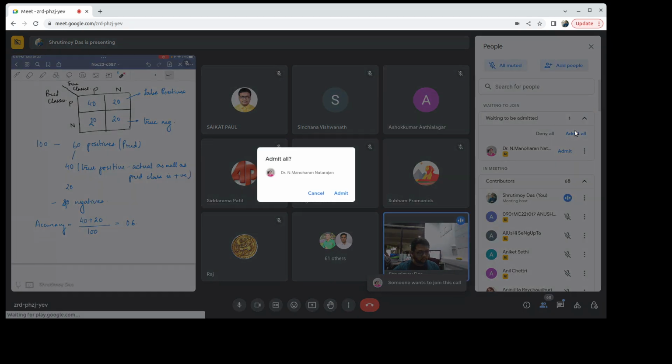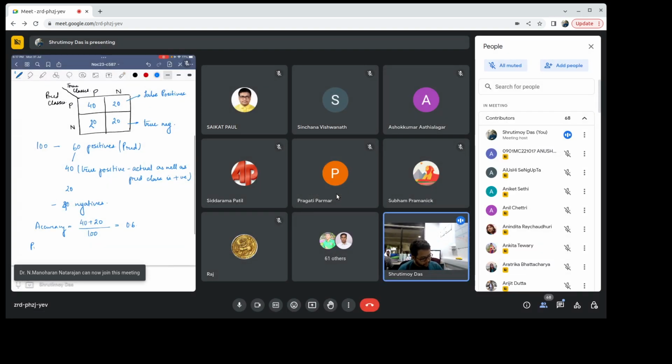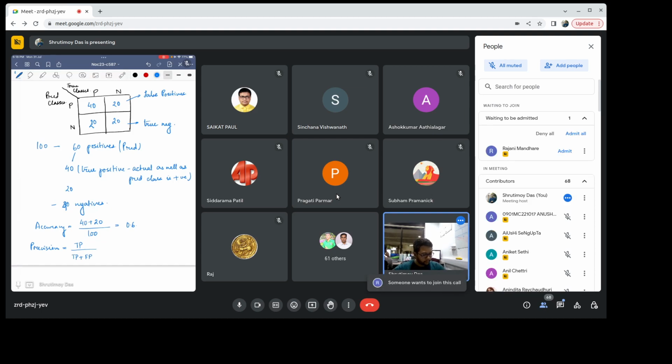Now coming to precision. Precision is given as: out of all the positives that we predicted, how many of these are true positives, right?